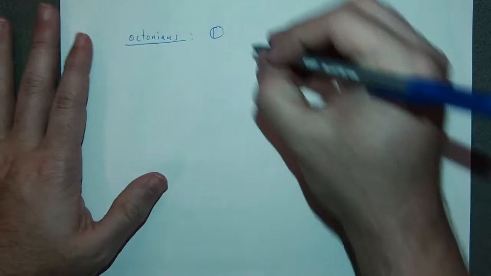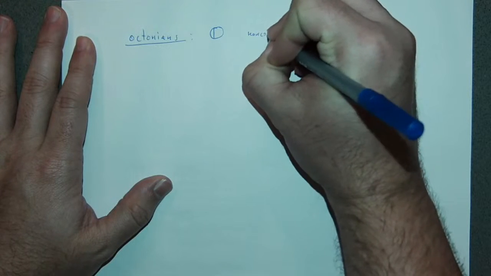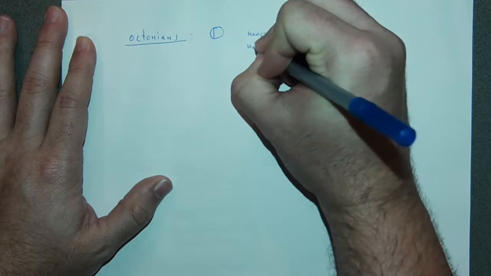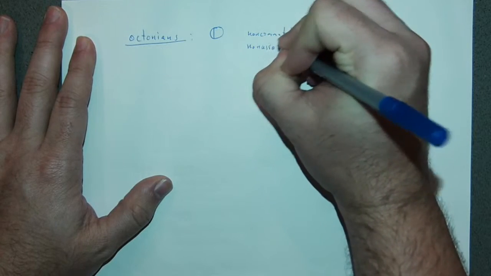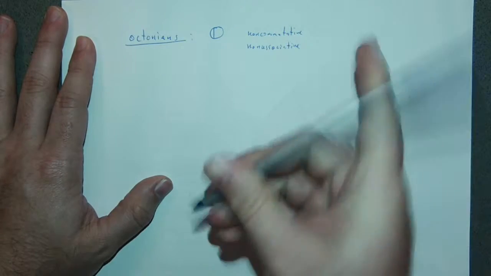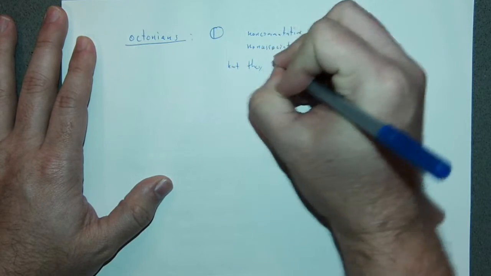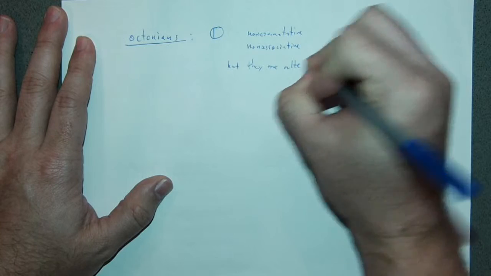So the Octonians, they're non-commutative, non-associative, but they are alternative. What does that mean?